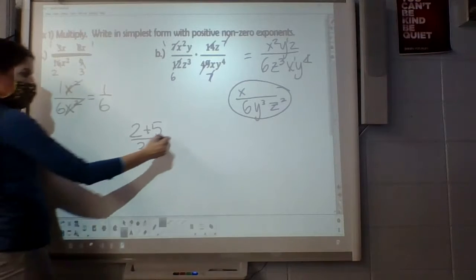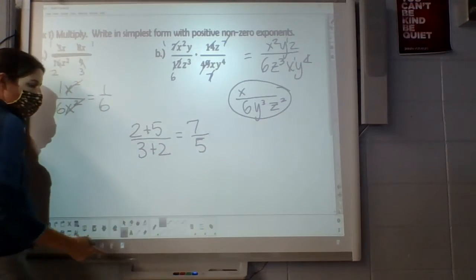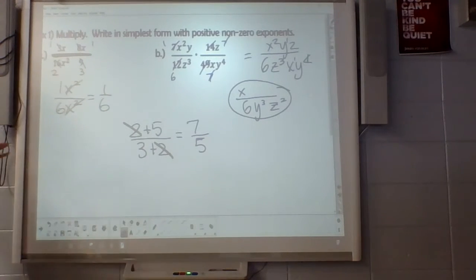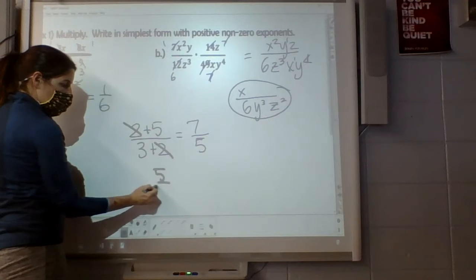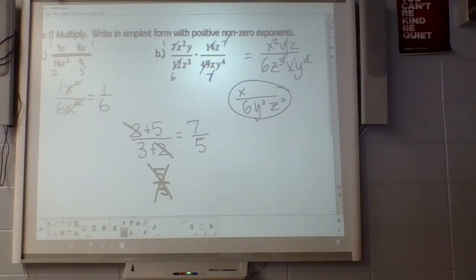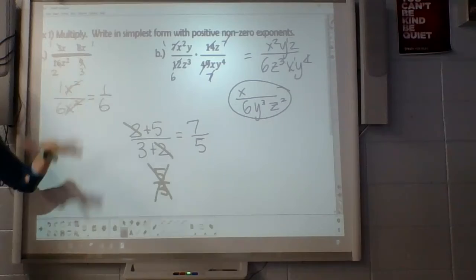Do you guys agree this is 7 over 5, right? Yes. So if we cancel those 2's out, which we're not really supposed to do, this would be 5 over 3. That does not equal the same thing as if I add them together. So just a reminder that we can't cancel if there's just the plus 2's on top and bottom.